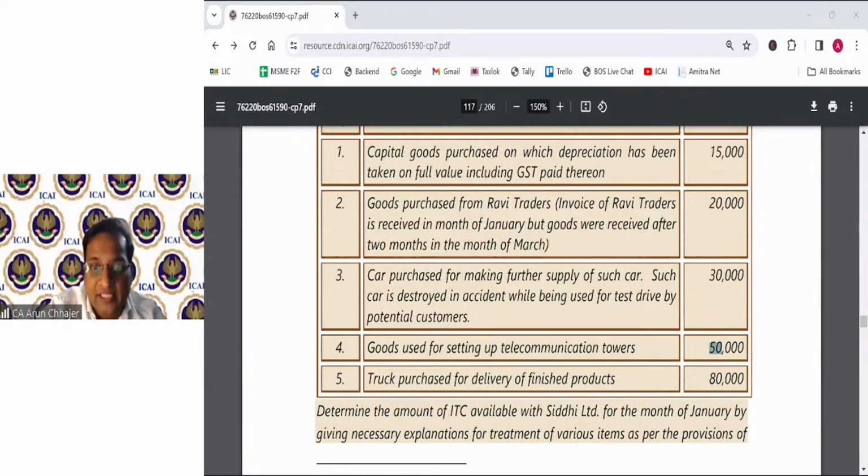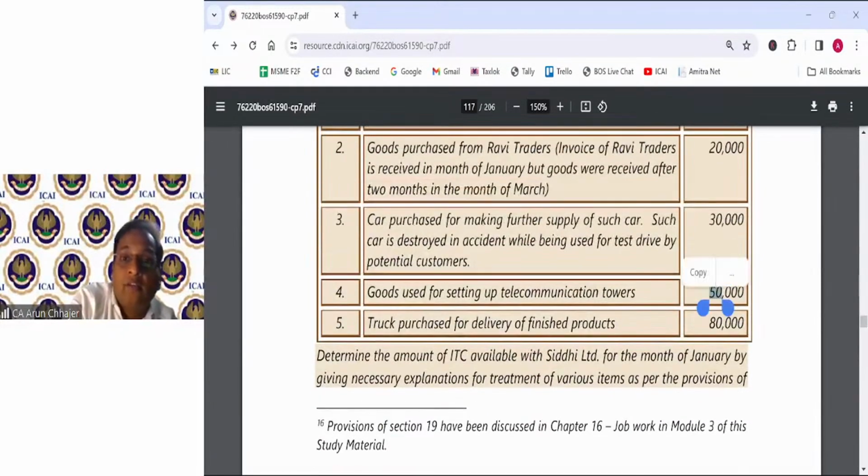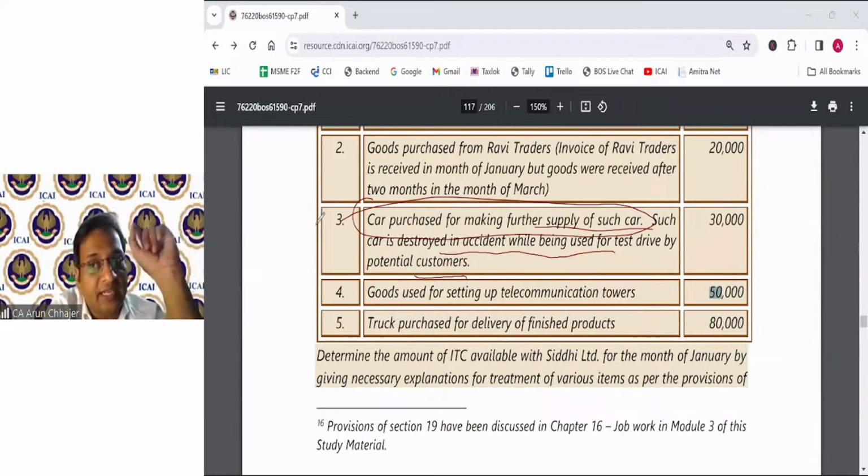Okay. Next point. A car purchased for further supply of such car. Such car is destroyed in an accident while being used for a test drive by a potential customer. Oh my God. Tell me one thing.